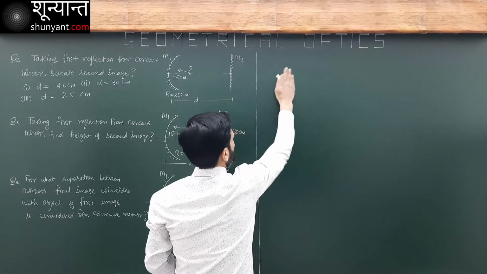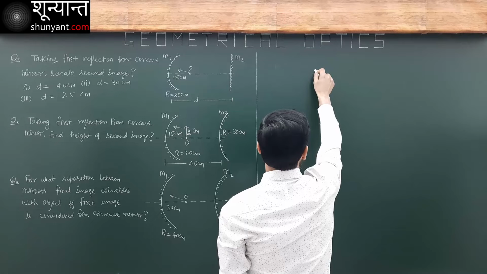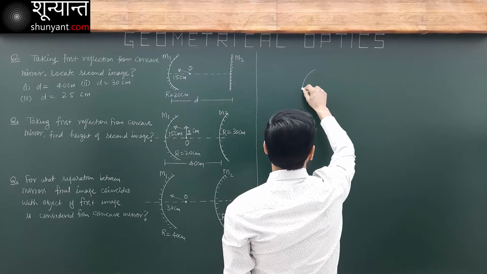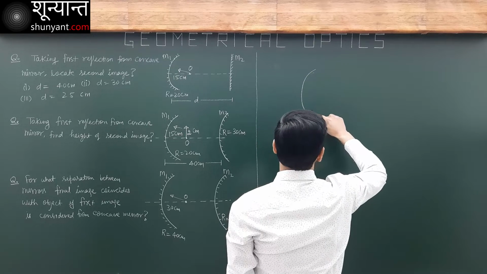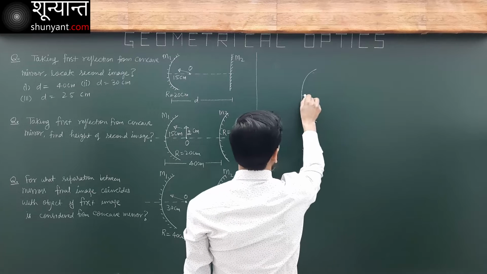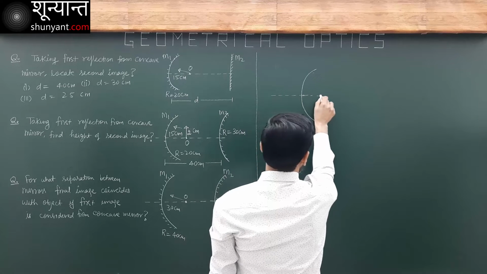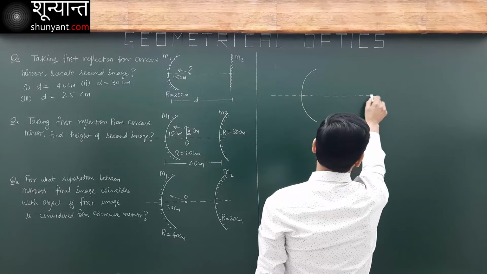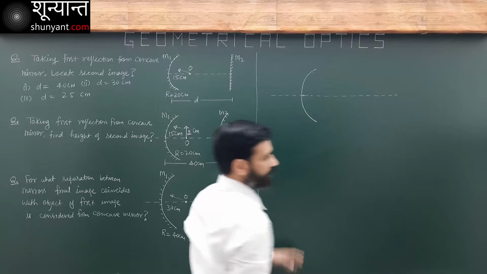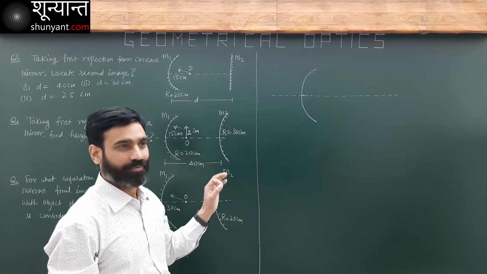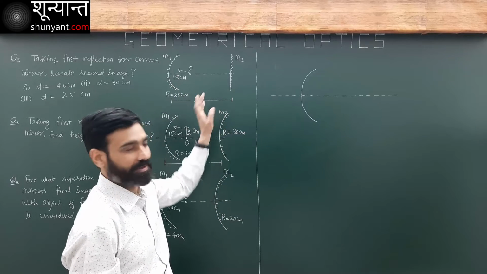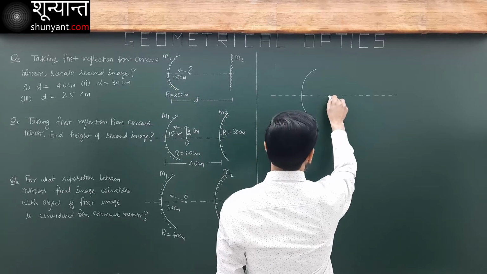Let me draw this diagram here. We have to draw the diagrams also. This is my first mirror. Forget about the second mirror; first look at the first concave mirror. This is my object.